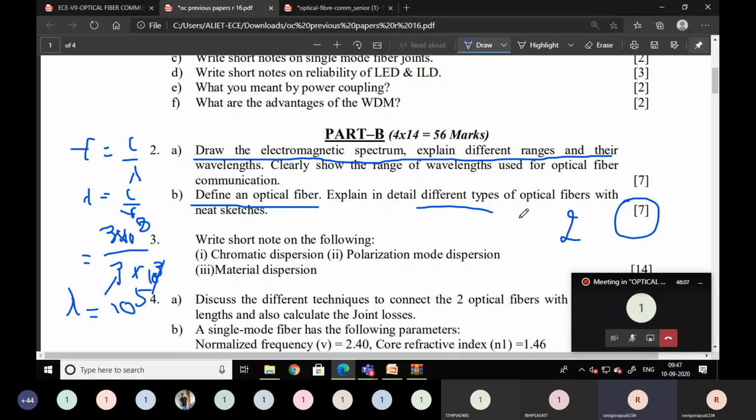What is optical fiber carries 2 marks, writing the types 2 marks, and neat sketches 3 marks. Like that, we have a scheme of evaluation in the examinations. Total 7 marks, so you can distribute your answer and write one by one.